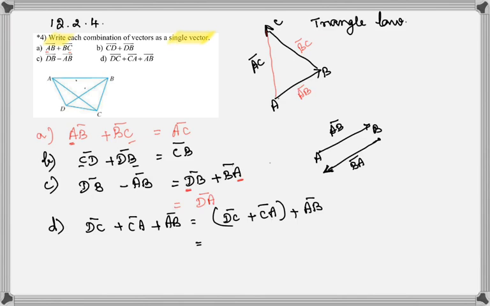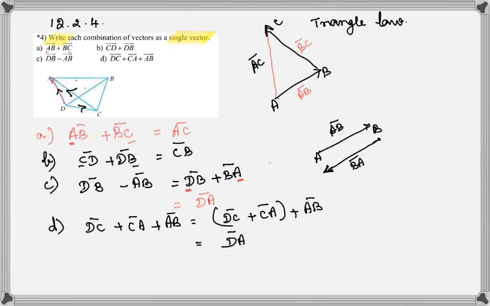So these are sums of two vectors. The sum of two vectors is the initial point of the first to the end point of the second, which is equal to DA. We'll also look at it in the picture. DC plus CA is nothing but DA. It is this vector.